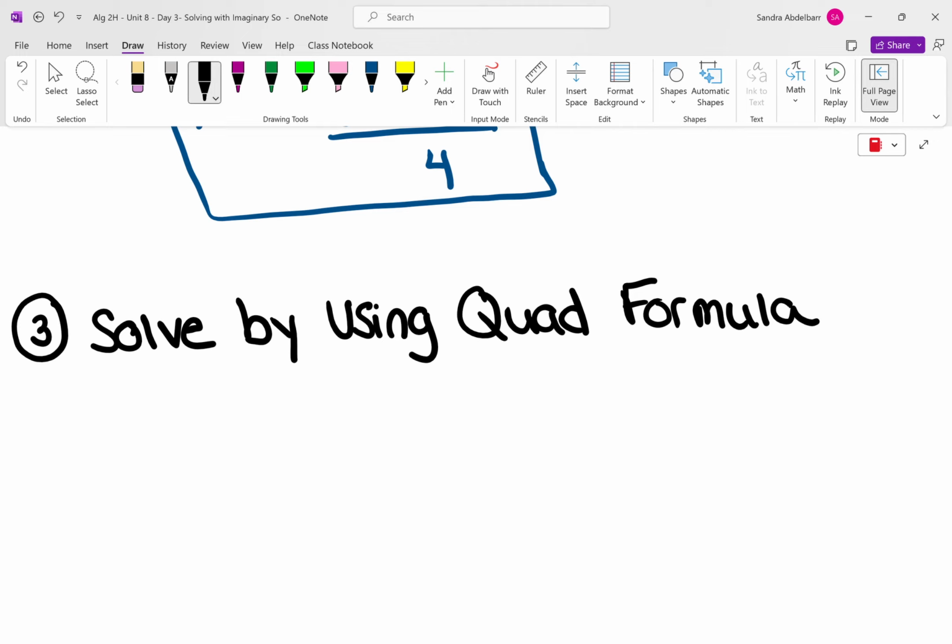The quadratic formula only works on quadratics. What does that mean when I say the quadratic formula only works on quadratics? Tejas? Like highest degree is 2. Good, the highest degree of 2.